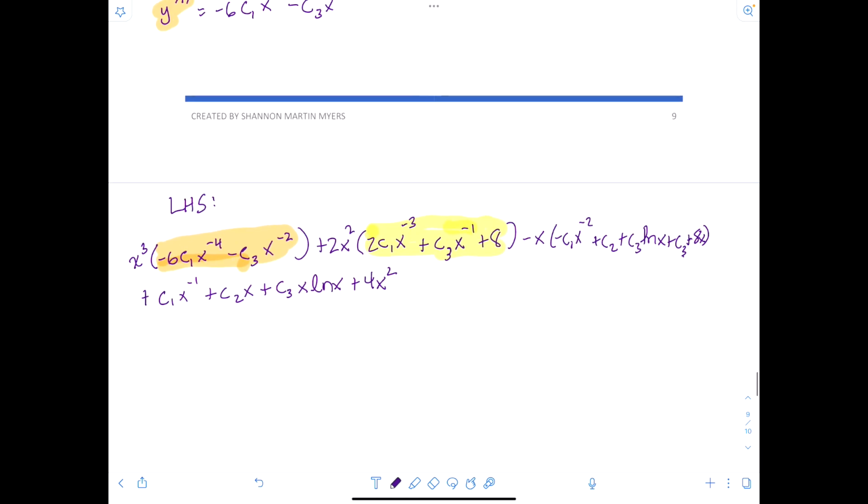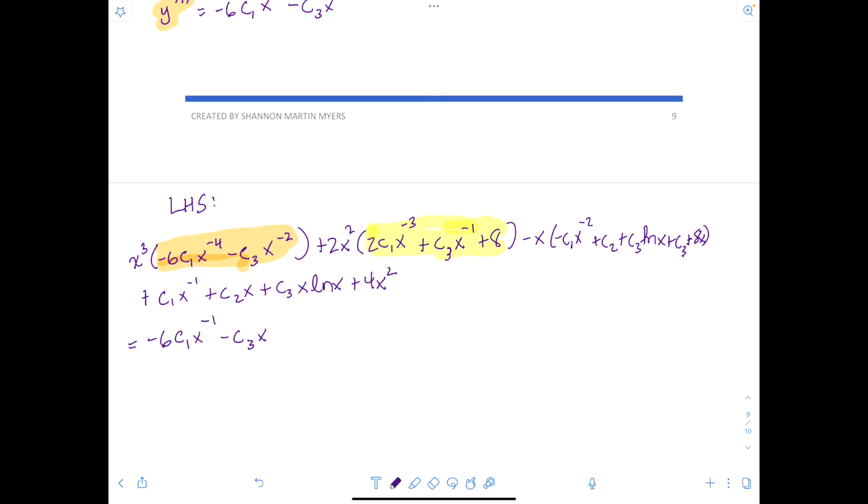Now this all is going to equal negative 6 c1 x to the negative 1. I'm just going to distribute everything through. So x cubed times x to the negative 4 is x to the negative 1. And then we'll have minus c3 x to the 1.